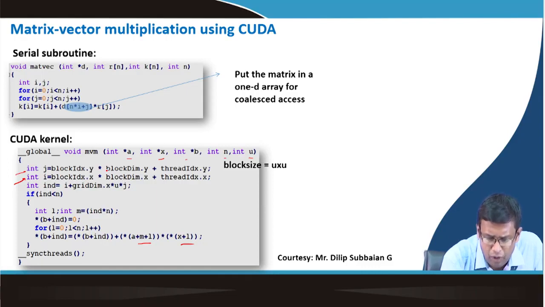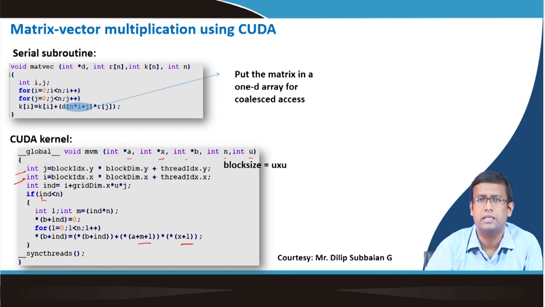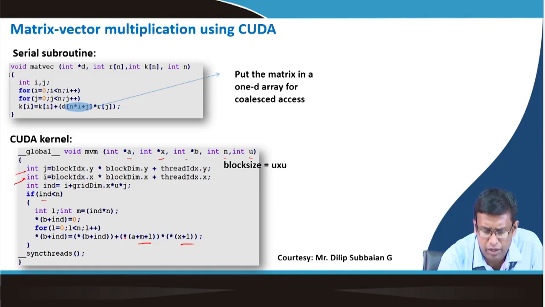Because we have coalesced the memory access, we are operating over an index int. This index gives us a coalesced access of the memory for the vector, and we are accessing the memory in a coalesced manner, and this int into n is the total number of elements.